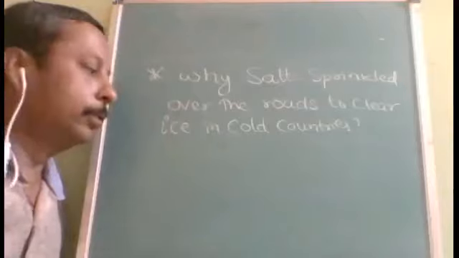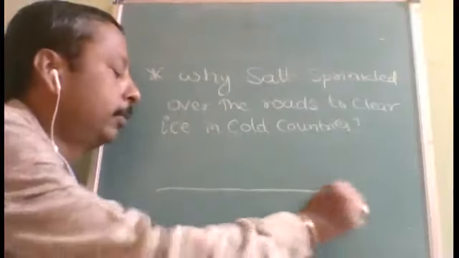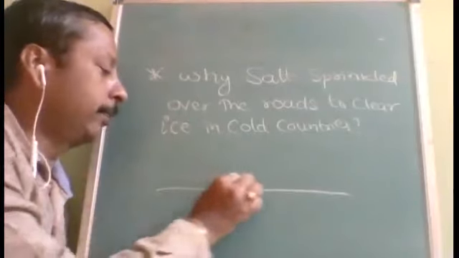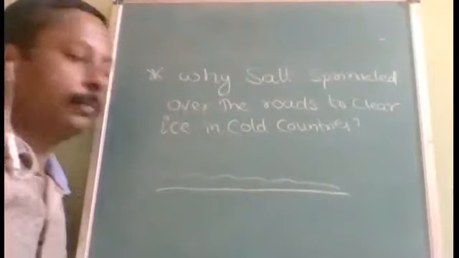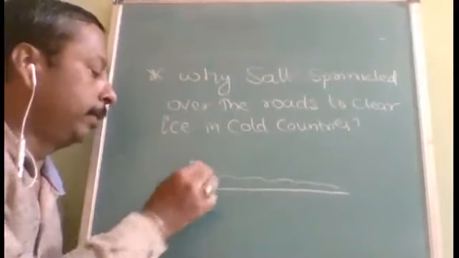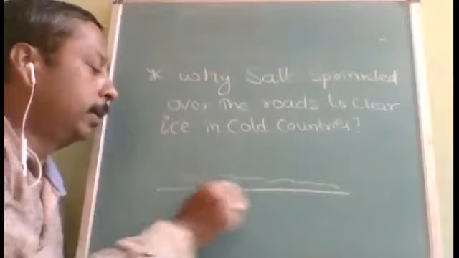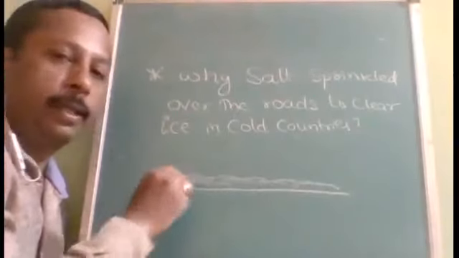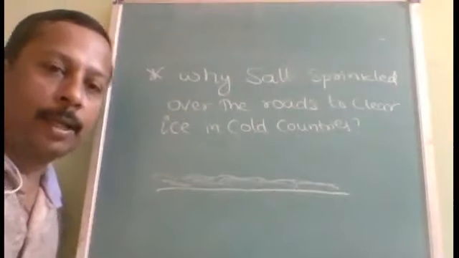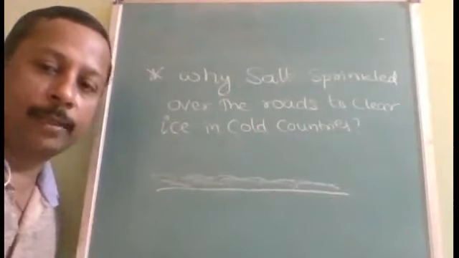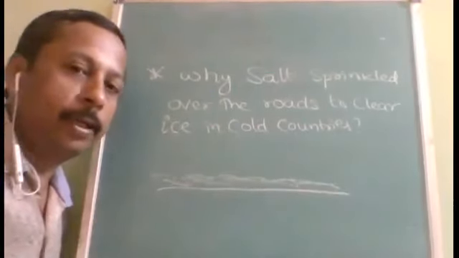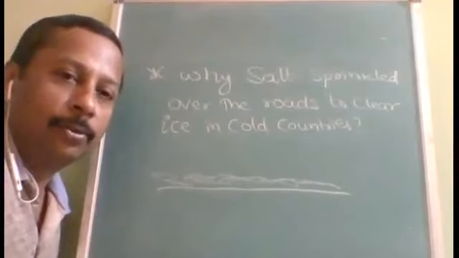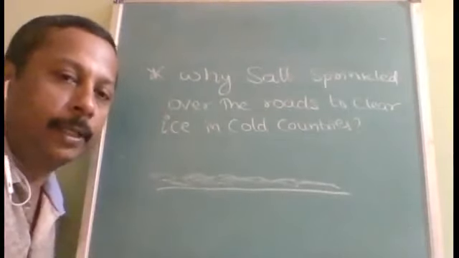Understood? So actually what happens on the roads in cold countries is that there will be ice formation. Instead of digging it and removing it, as a smart person, nowadays they are spraying salt over it. They also know the application of science.